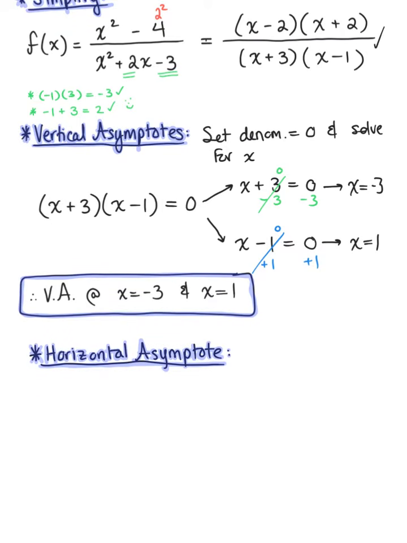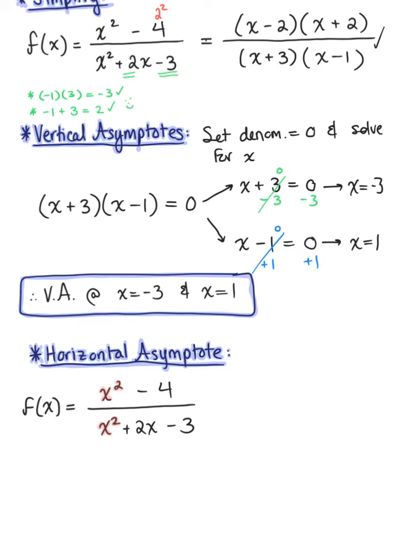So we need to think about the whole rational function as it was originally written: x squared minus 4 all over x squared plus 2x minus 3. Looking at our numerator, the leading term is x squared. And looking at our denominator, the leading term is also x squared.